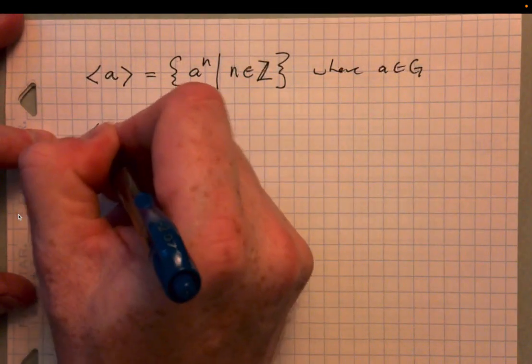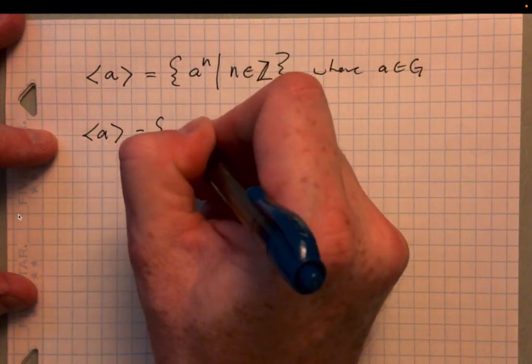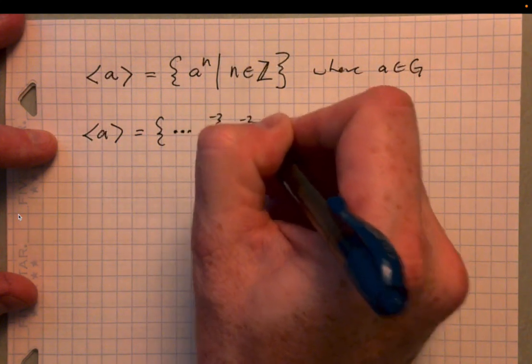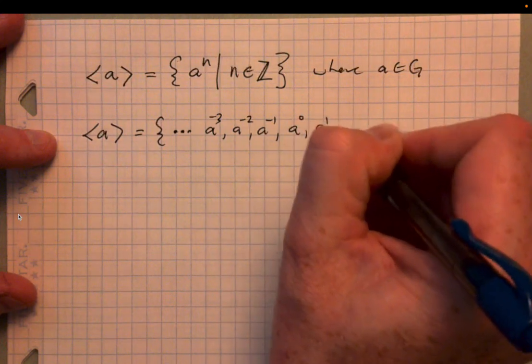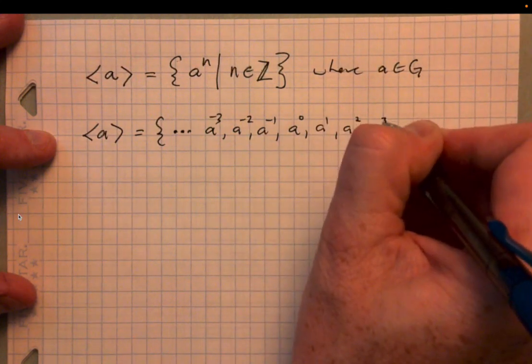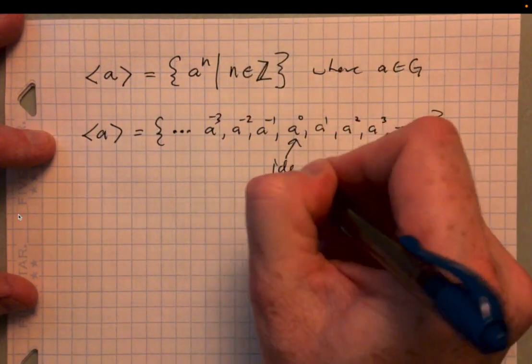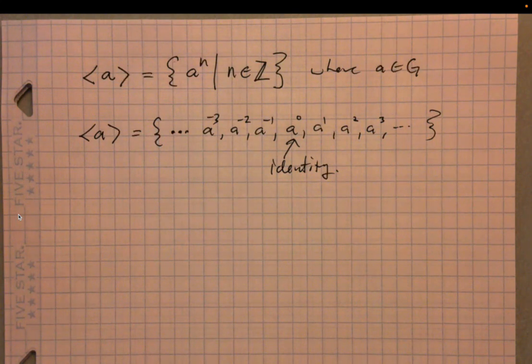But this is basically just equal to, so you'd have a to the negative third power, a to the negative 2 power, a to the negative 1, a to the 0, a to the 1, a squared, a cubed. Right, this guy here is the identity in this subgroup.